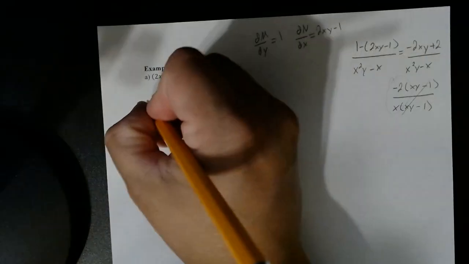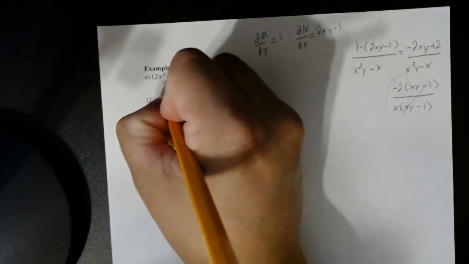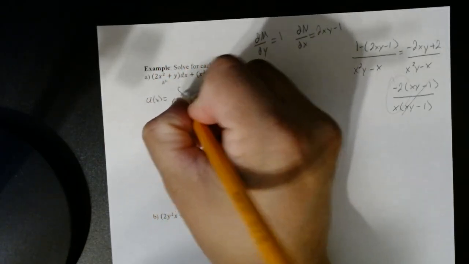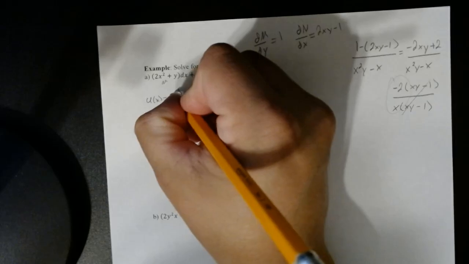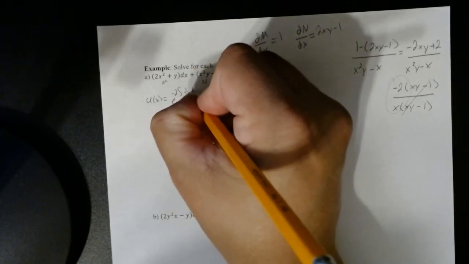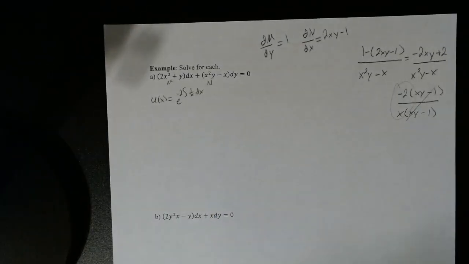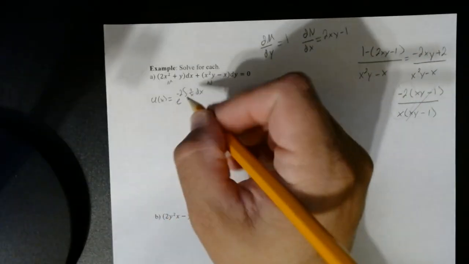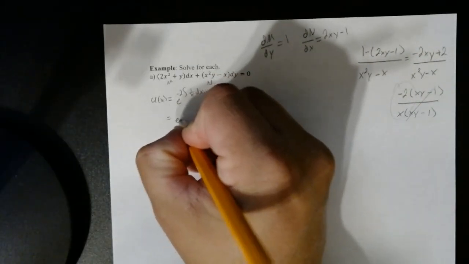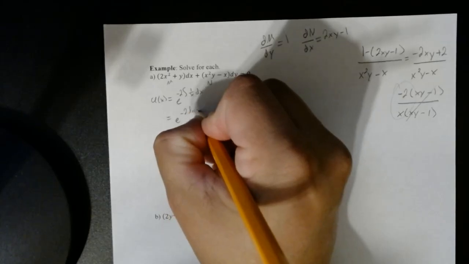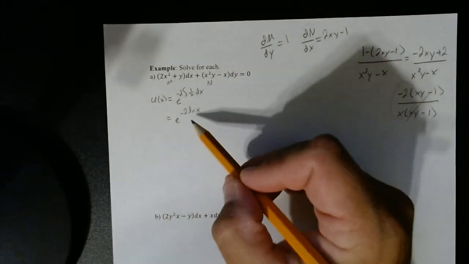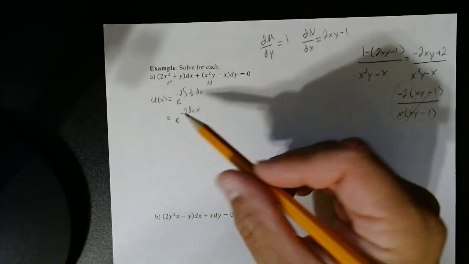So my integrating factor, u of x, is equal to e raised to the integral of, let's put this on the outside, negative 2 of 1 over x dx. Integrating this is going to be natural log. I don't really like this, so I'm going to try to simplify as best I can.